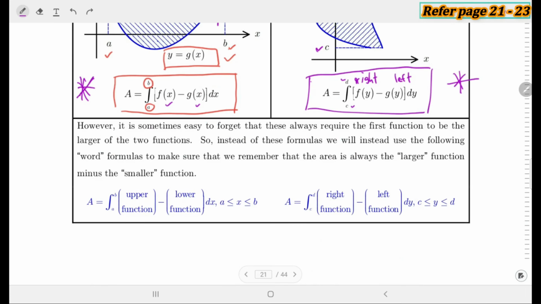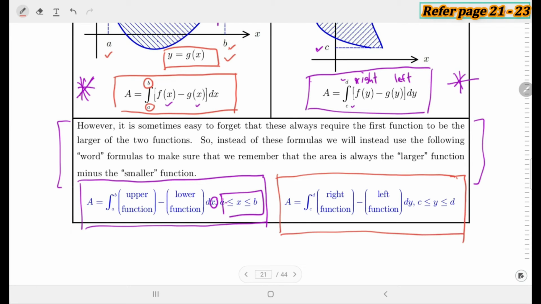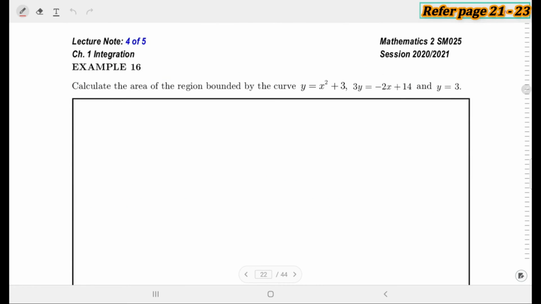This is the paragraph which explains the similar things that I just explained to you. Upper function minus lower function for the x-axis, we could see from dx here, and this one is the formula for two curves or two functions, which is right minus the left function when we are referring to the y-axis.